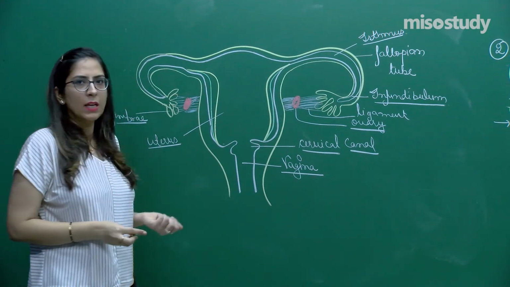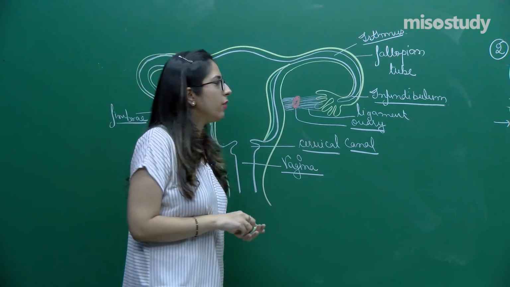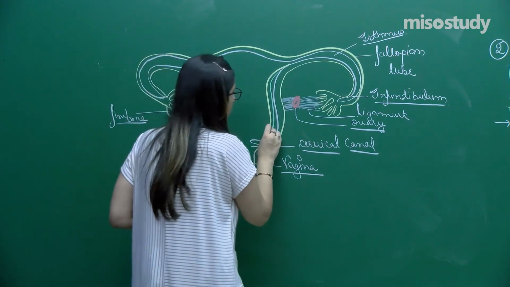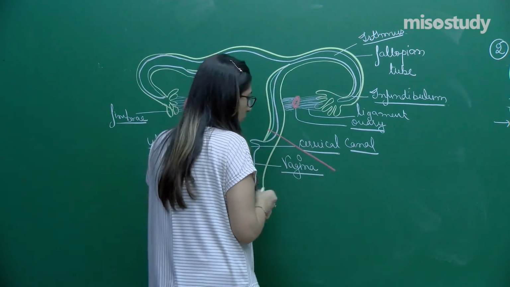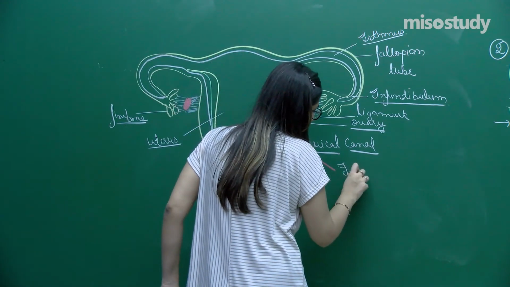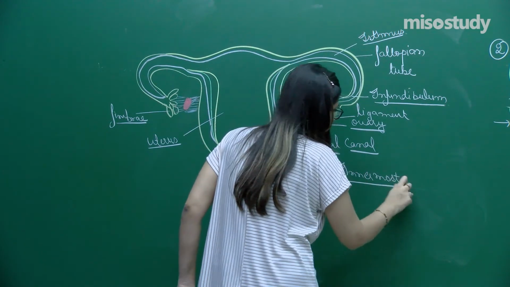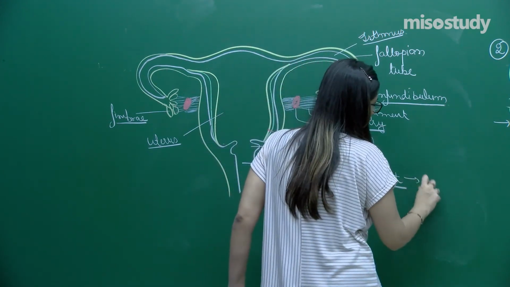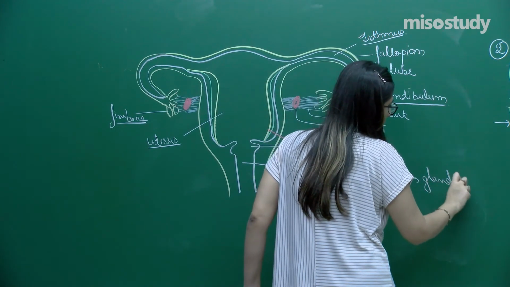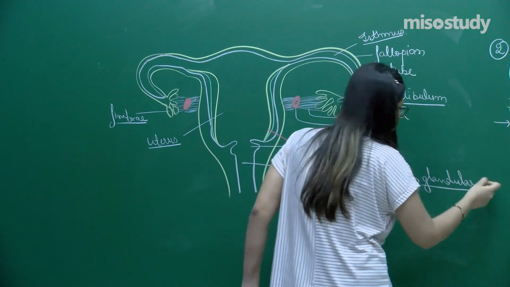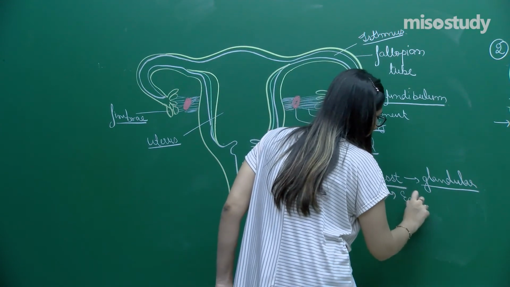The innermost lining, which is a glandular structure, is called as a endometrium.